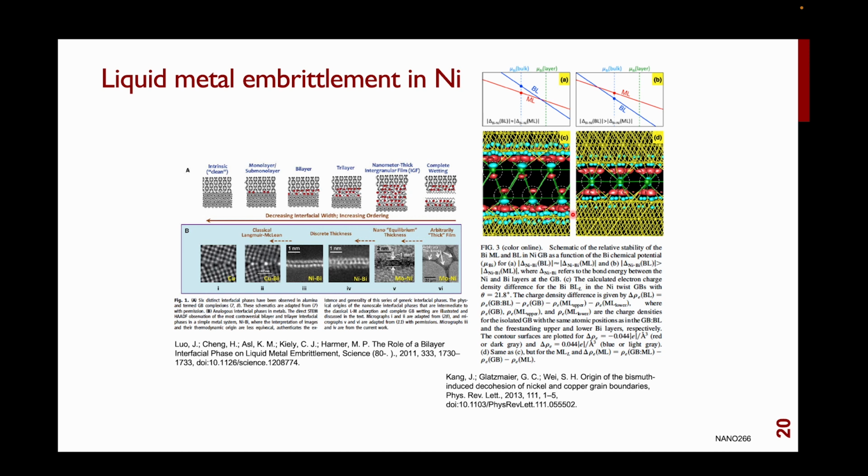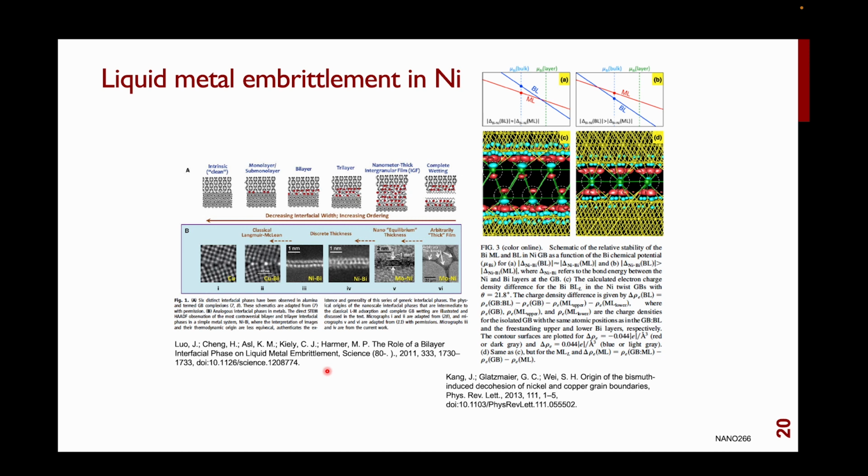People also frequently study doping and what happens to dopants both in the bulk and at the interface, okay? So this is actually work from another professor in nanoengineering at UCSD, where they study liquid metal embrittlement, okay? It turns out that if you have certain elements like bismuth in nickel, bismuth has a very detrimental effect on your nickel-based alloys, right?